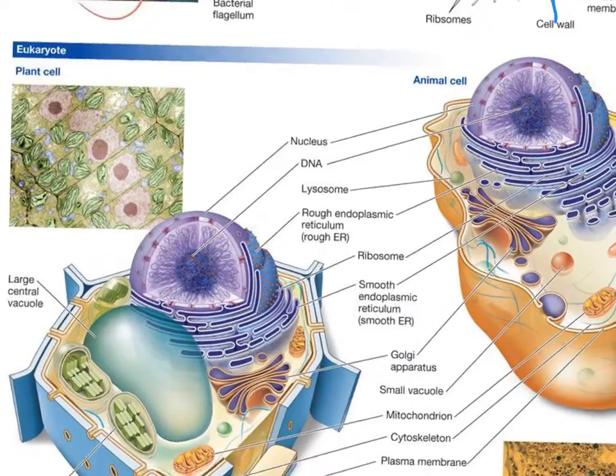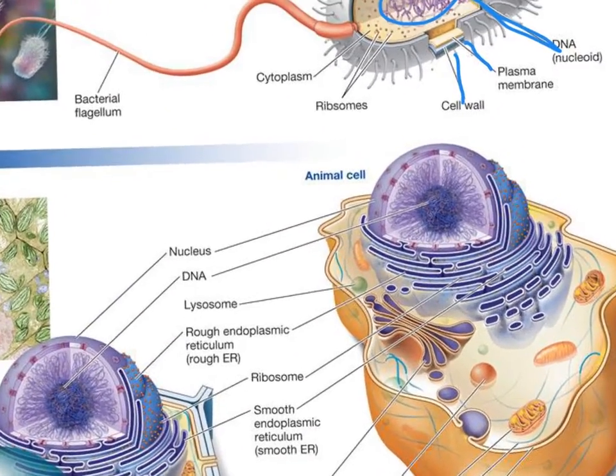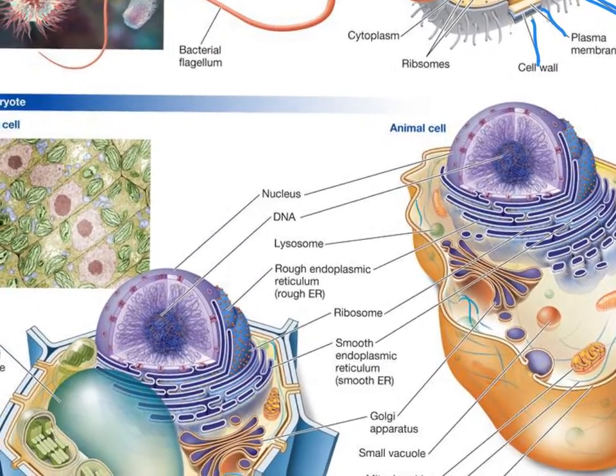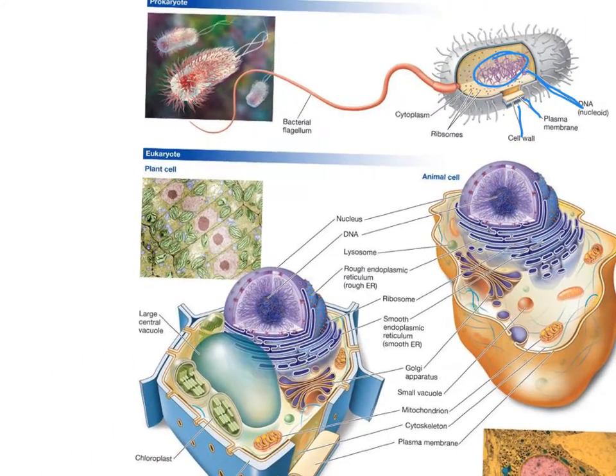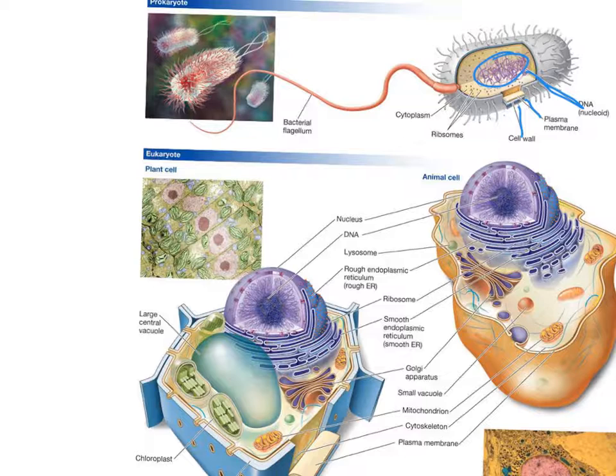And then a eukaryotic cell is a lot different, a different animal entirely. It's got a nucleus, and the nucleus is where the DNA is. And the DNA, all it is, is instructions about how to make a protein.